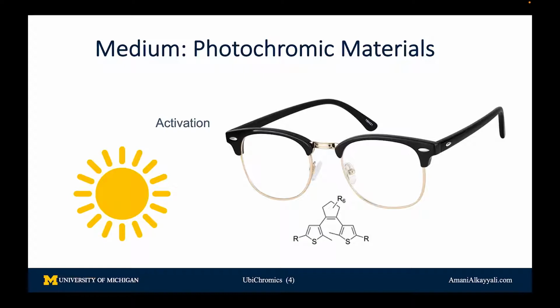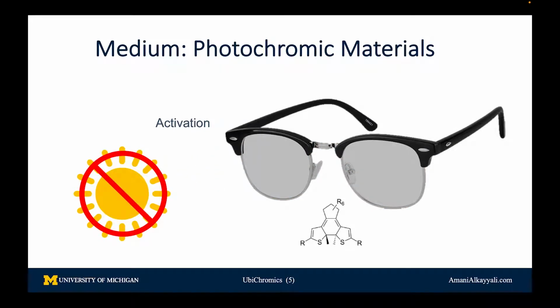Once the glasses are exposed to light, the chemical structure changes and the lens darkens. We call this process activation. Once the light source is removed, the chemical structure goes back to its original shape and the lens goes back to clear. We call this process deactivation.